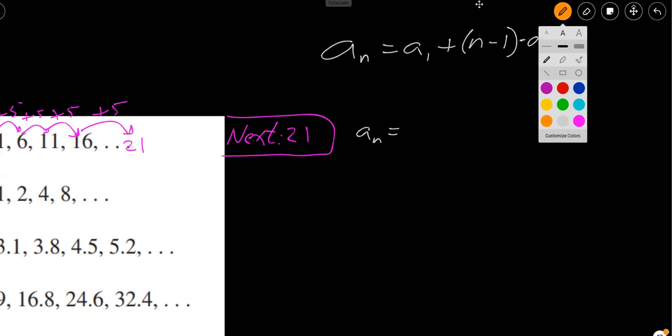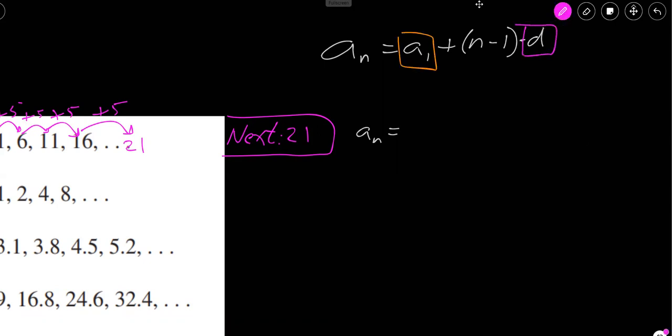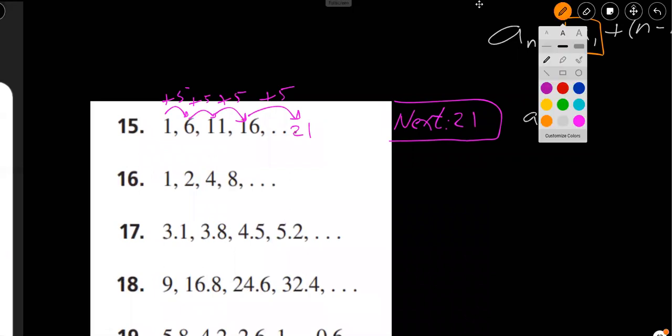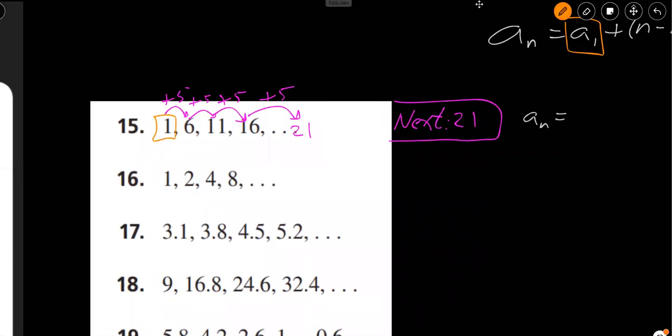The main values that we need to get are just A1 and the D, the difference value. Those are the 2 most important values when we're dealing with arithmetic sequences, and we've got them already both plainly shown for us. A1 is my first value, the value in my first position, and my difference value, the D value, is how much I'm adding as I jump from one term to the next. Every time I go from one term to the next term, I'm adding 5. Another way you can think about it is I add 5 with every jump or with every step.